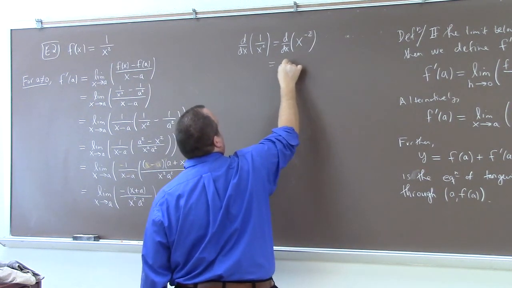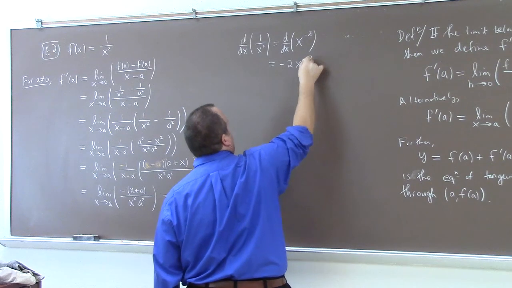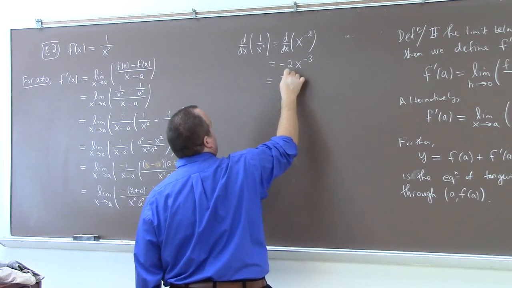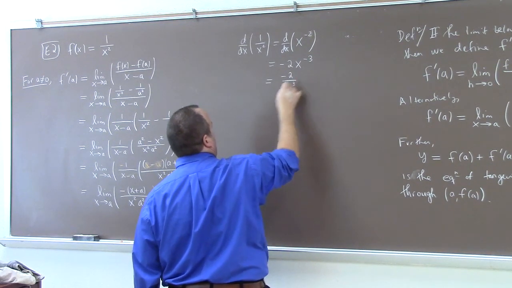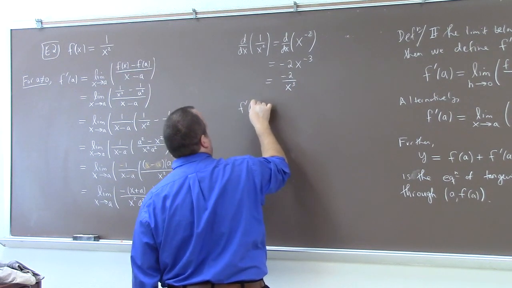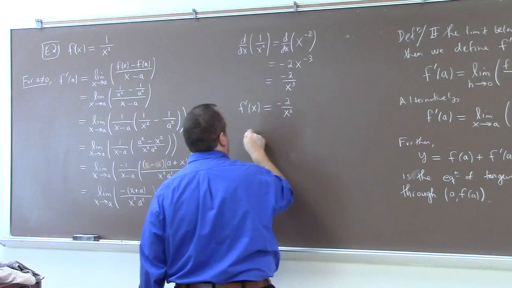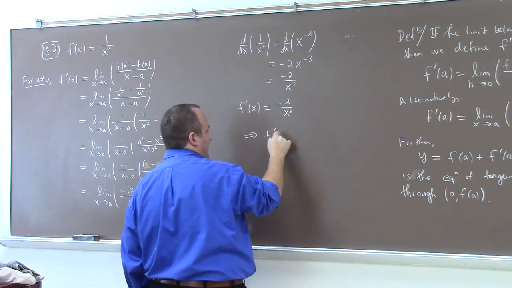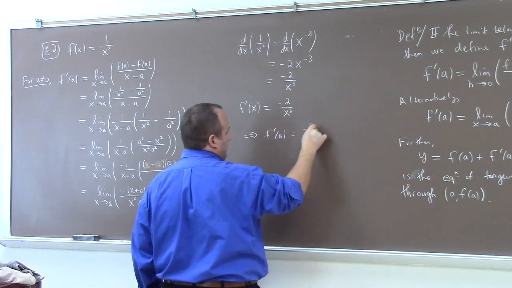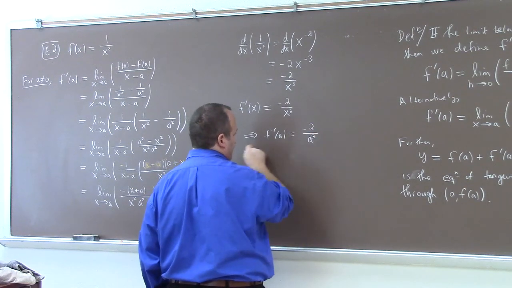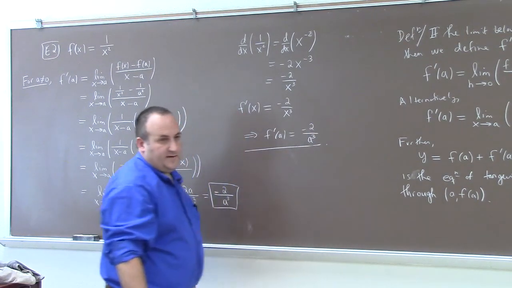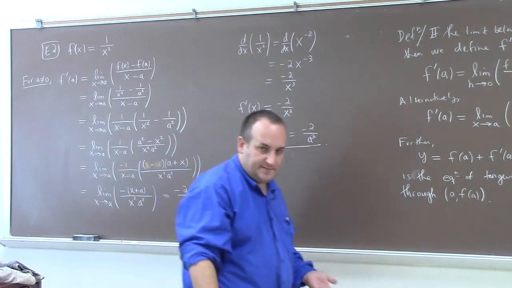Which power rule gives me minus 2 x to the minus 3, which gives me minus 2 over x cubed. In other words, f prime of x is minus 2 over x cubed, which then tells me that f prime of a is minus 2 over a cubed, right? Obviously, that is easier, right?